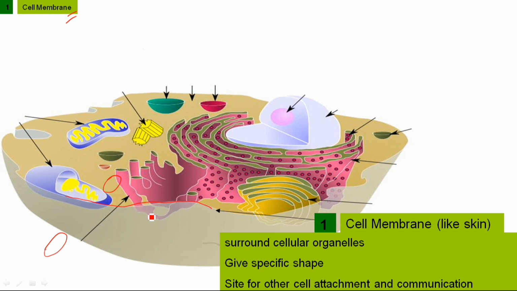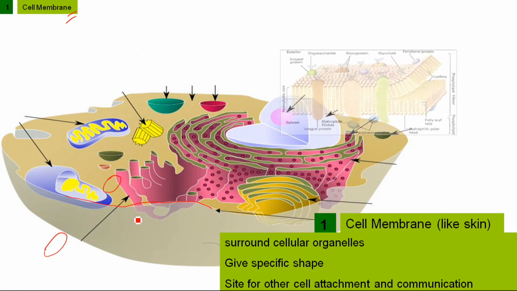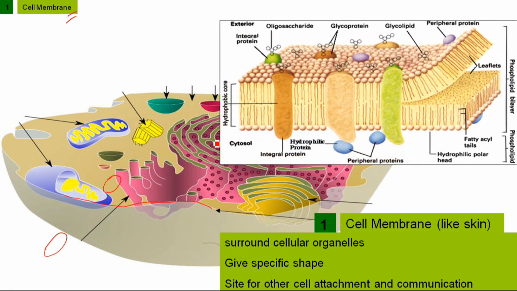This cell membrane is made up of a lipid bilayer, and this lipid bilayer has lots of proteins embedded in it. Here in this figure you can see this skin-like structure that encloses the cell organelles is the cell membrane, and this thin tiny structure is made up of a lipid bilayer.